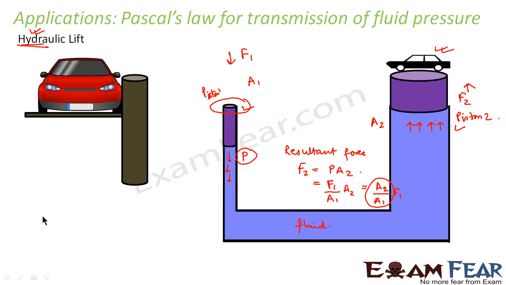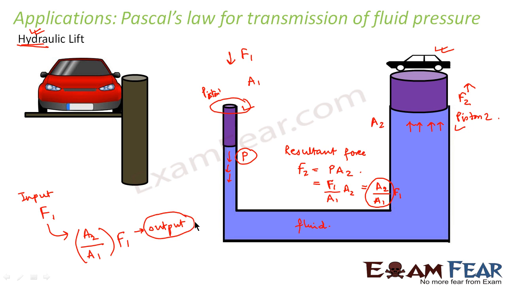That means we applied a force of F1, but what was the result of that? Our input from our side was F1. But what was the output? The output was A2 by A1 into F1. That means we had to do nothing to increase the applied force.